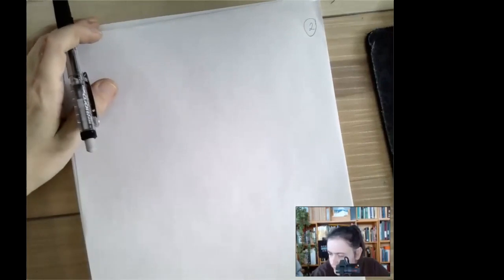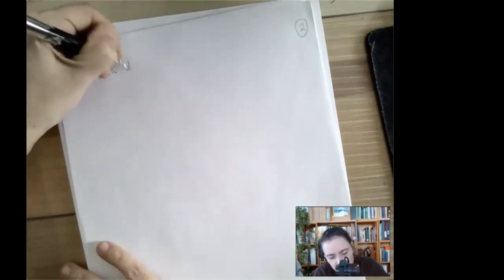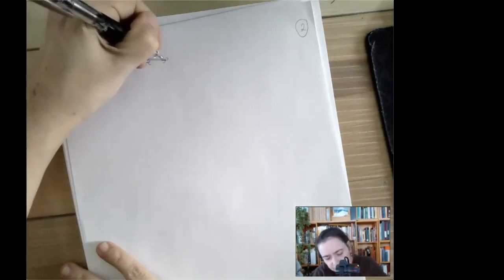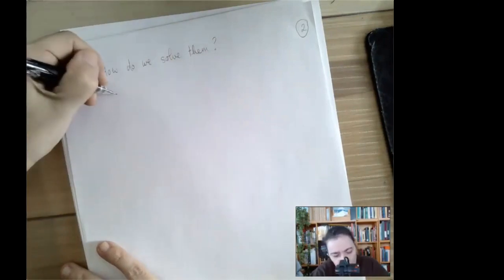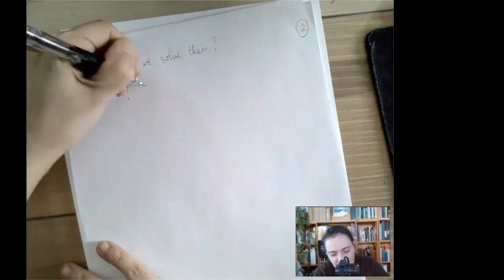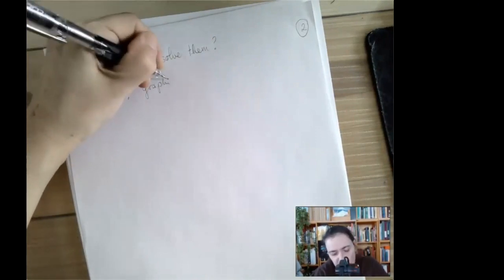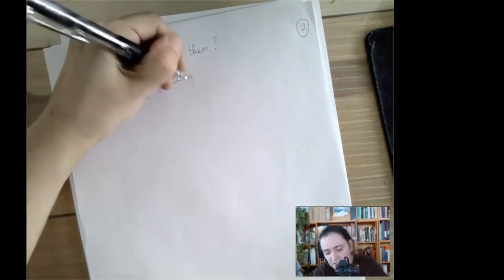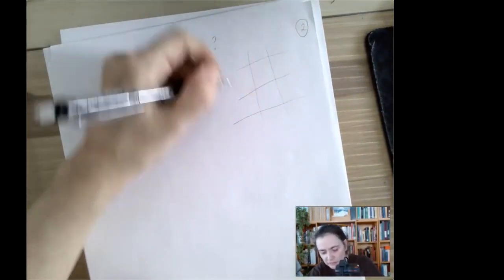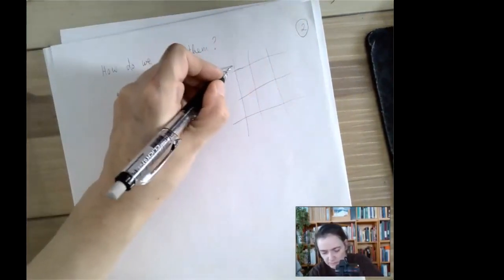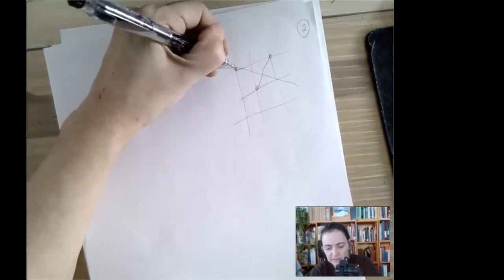Okay, so how do we solve them? Graphically, that only works if the intersection point is nice. What if the 2 lines intersect each other like so, right?